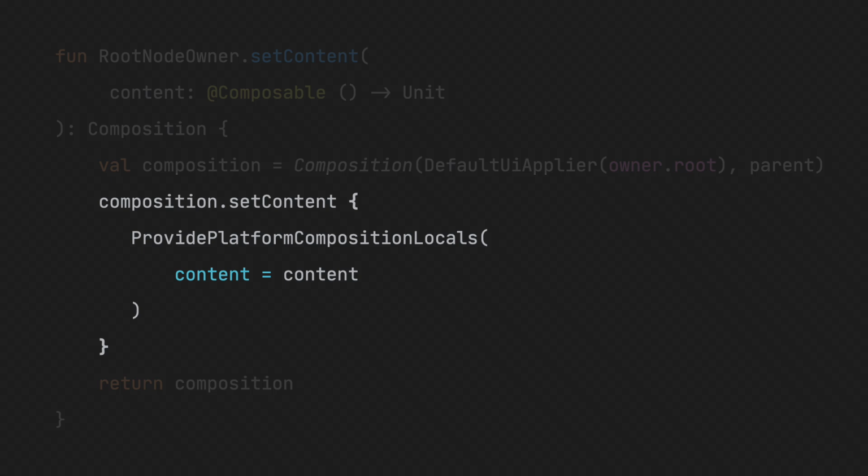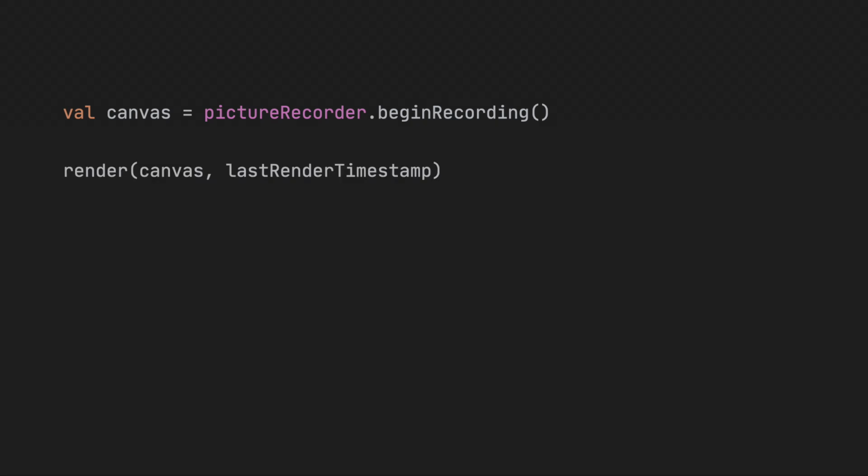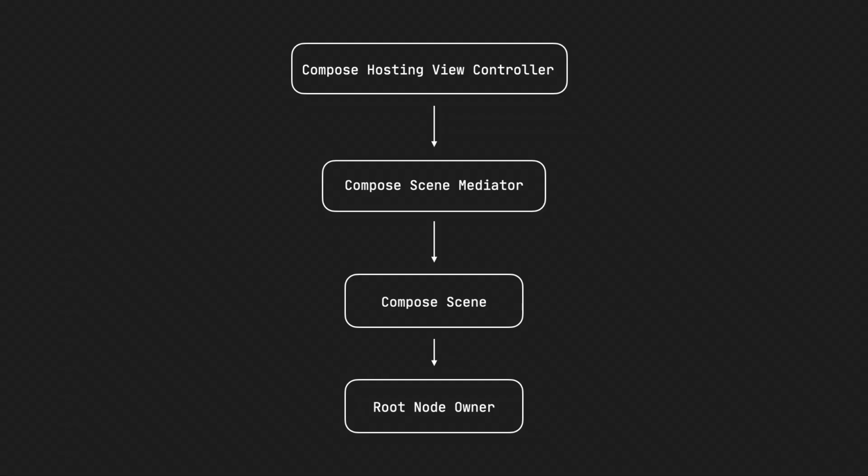So when you look at the picture recorder, it's creating that canvas and it's taking that canvas and bubbling it up to the layer above, which is compose. And this is a Skia canvas that the metal redrawer is providing. You see that metal redrawer is calling this render method, and the render method provides the canvas upwards.